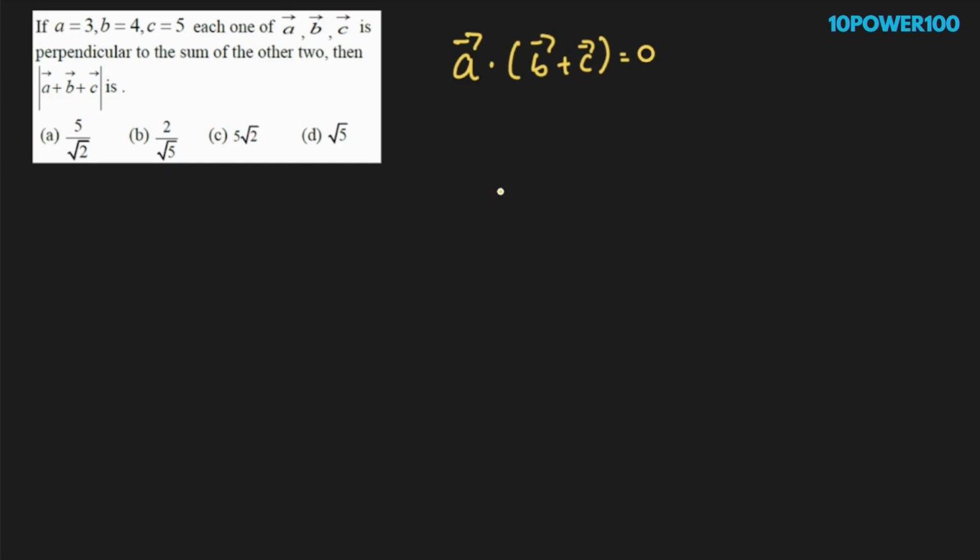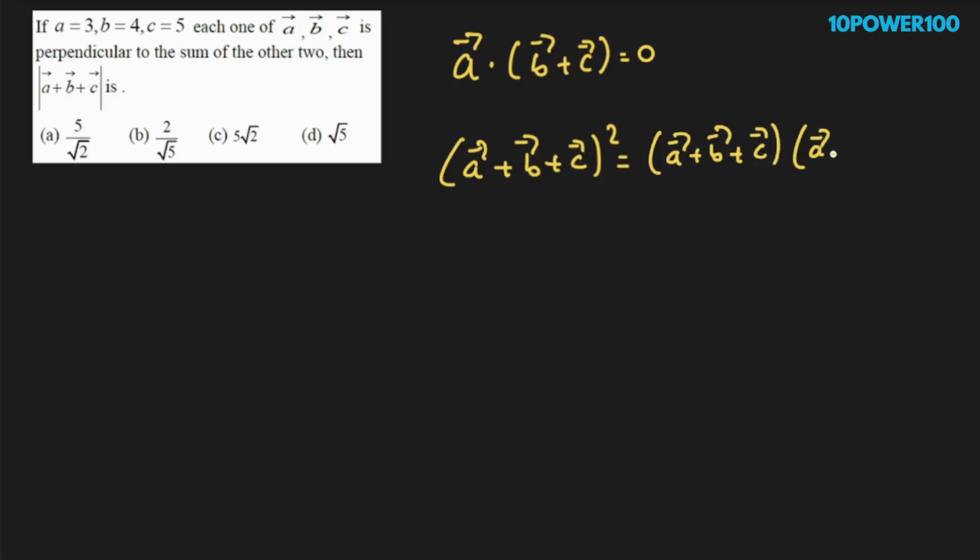So similarly, we get it, children. Now we'll take vector A plus vector B plus vector C, the whole square. The whole square is nothing but we can expand like this, no? A plus B plus C into A plus B plus C. Here I'm going to consider only the same vector into same vector as one group and the other two as one group.